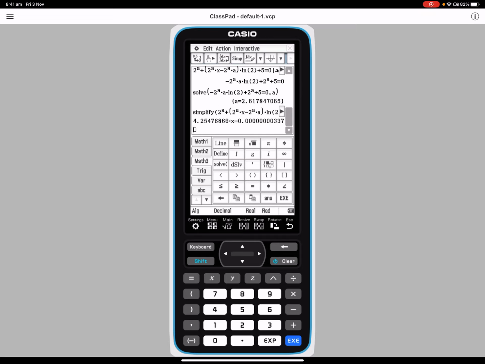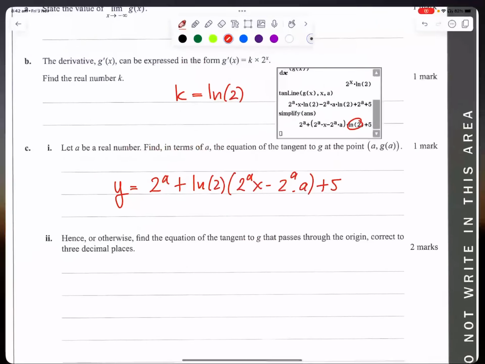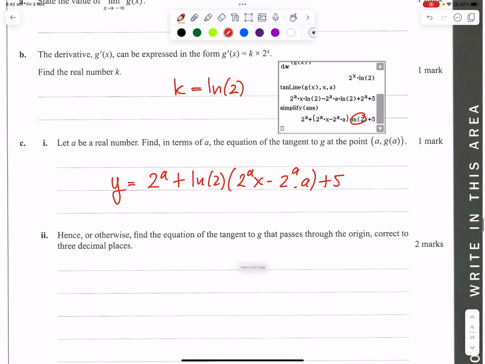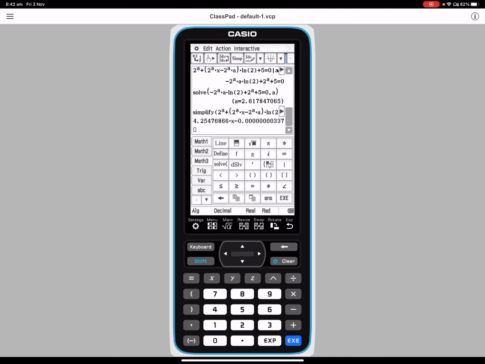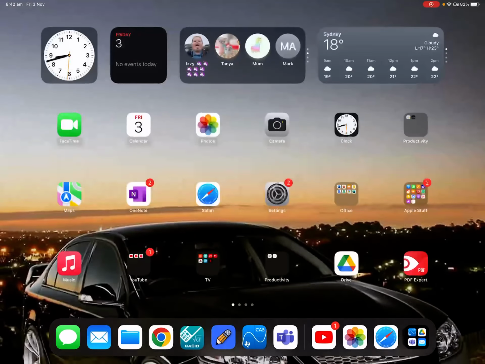So 4.25x, where x equals 0, y equals 0, a is equal to 2.6178.